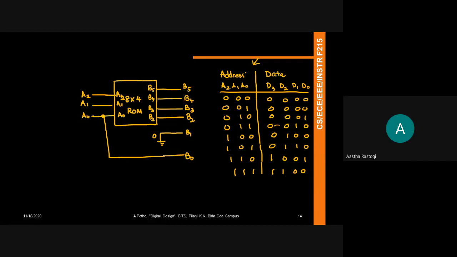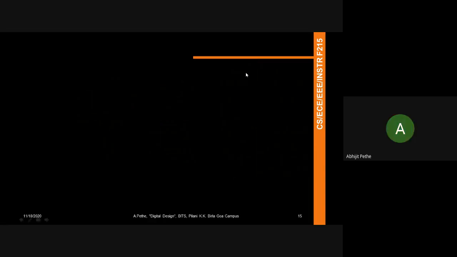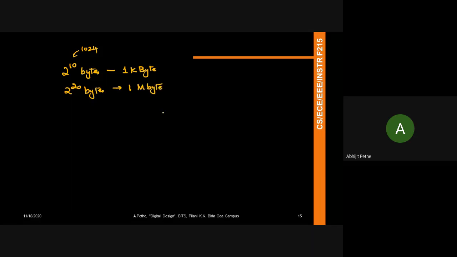Wait, 2 power 10 bytes is 1 kilobyte, and then 1 kilobyte times 1024 is 1 megabyte, so 2 power 20 bytes is 1 megabyte. So it goes in orders of 2 power 10.